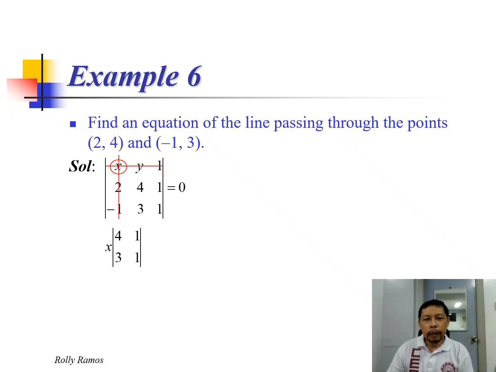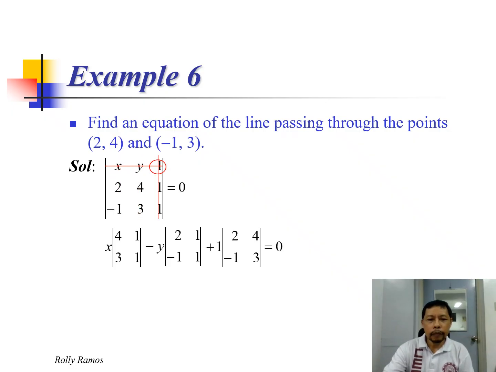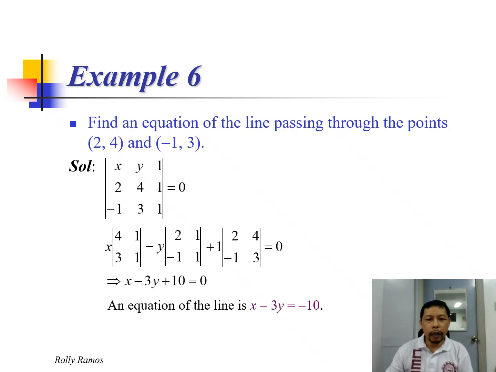Expanding by cofactor expansion about the first row will give us x minus 3y plus 10 equals 0. Then the equation of the line is x minus 3y equals negative 10. So this is the equation of the line passing through (2, 4) and (negative 1, 3).